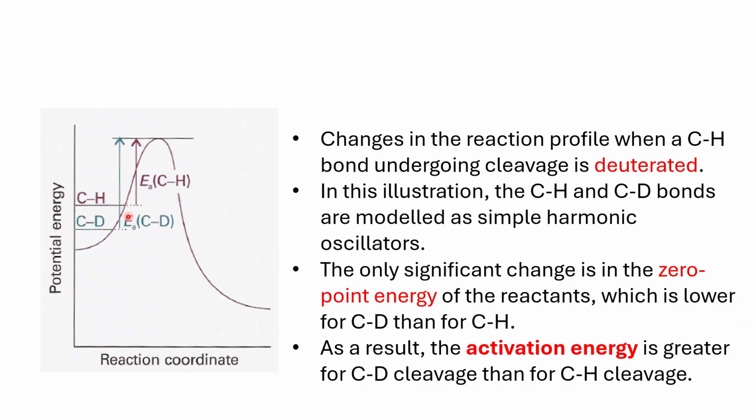Look at the left side of this diagram, which represents the reactant. Because the C-D bond contains the heavier isotope, its vibrational zero-point energy is lower than the C-H bond. Therefore, the only significant change is in the zero-point energy of the reactants, which is lower for C-D than for C-H.